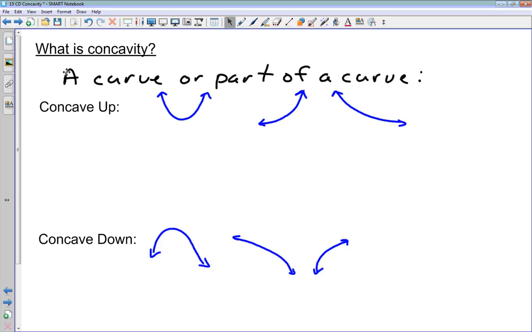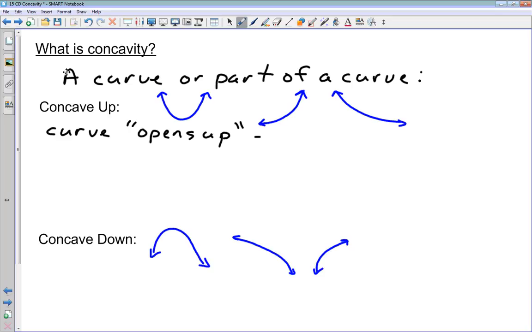So what do we mean? Well, concave up. In grade 10, we said that the curve, quote unquote, opens up, when we were talking about a parabola. But in this course, we want to look at what is happening to the slope of the tangent to the curve.